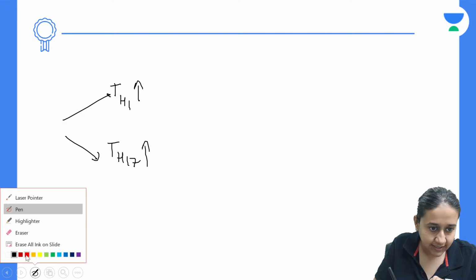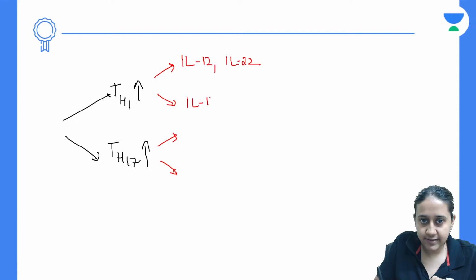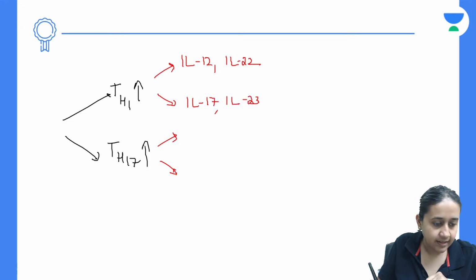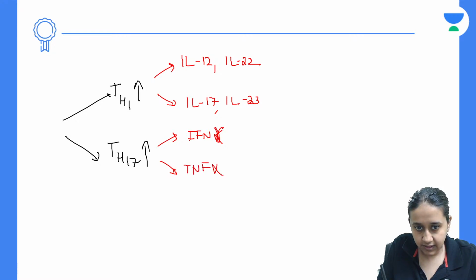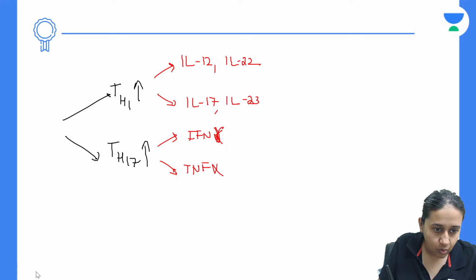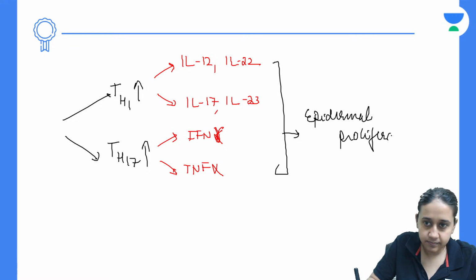Now these cell lines will release some interleukins: IL-12, IL-22, IL-17, IL-23. We have interferon gamma, TNF alpha. Now all these interleukins will then cause epidermal proliferation.